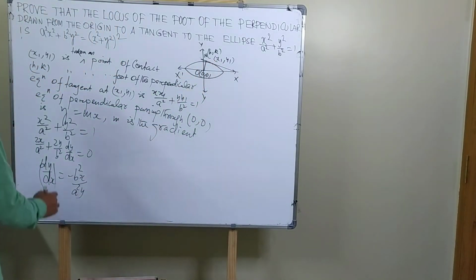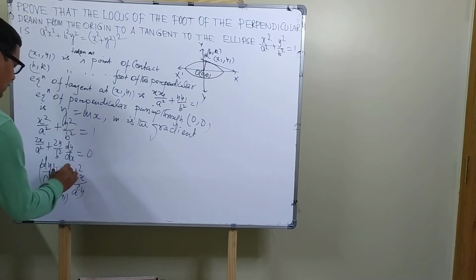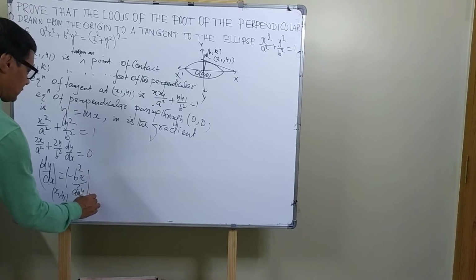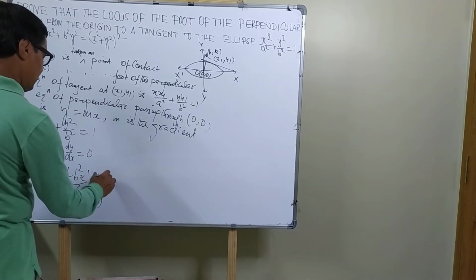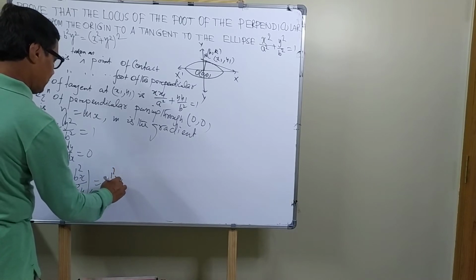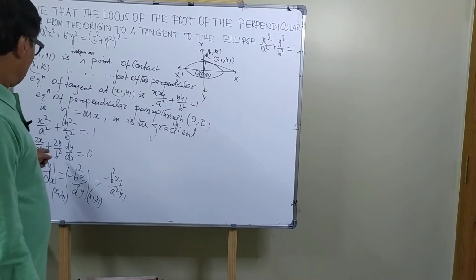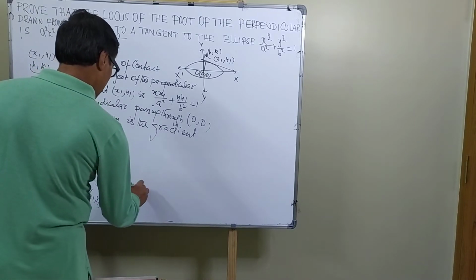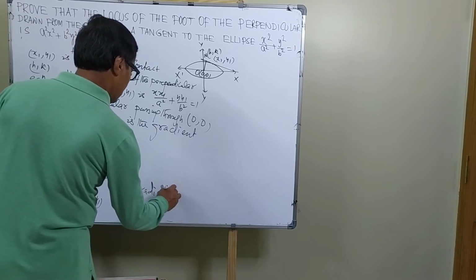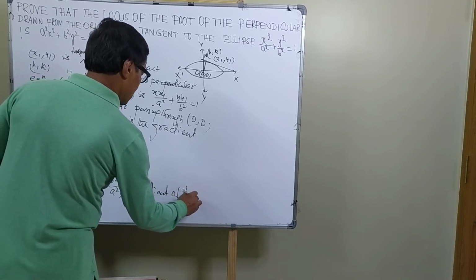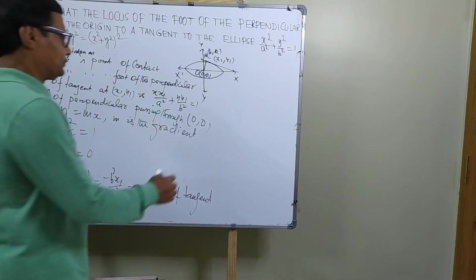So gradient at x1 y1 is minus b square x1 over a square y1. This is the gradient of tangent.